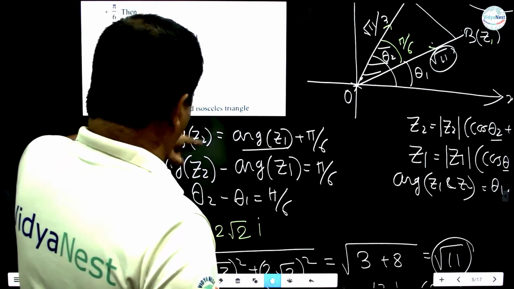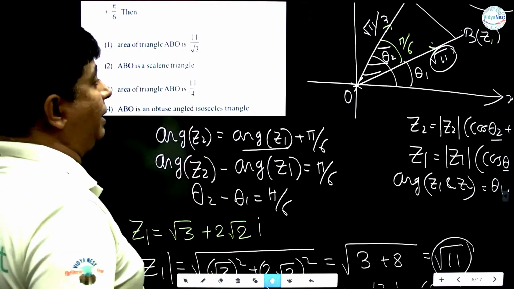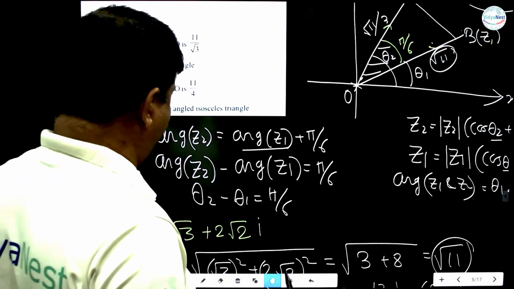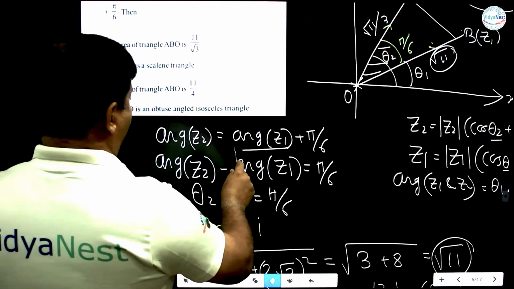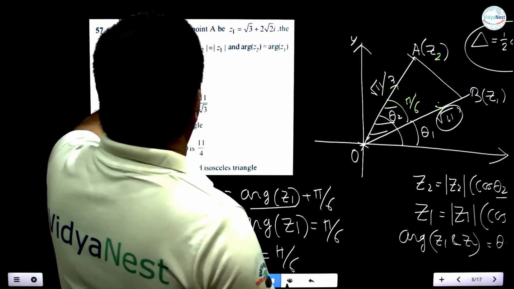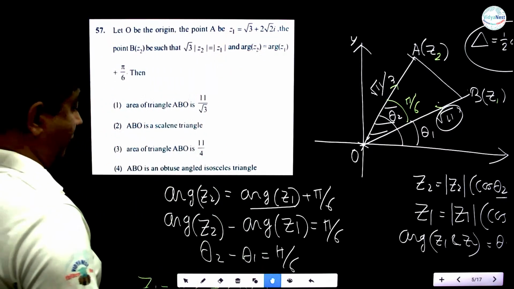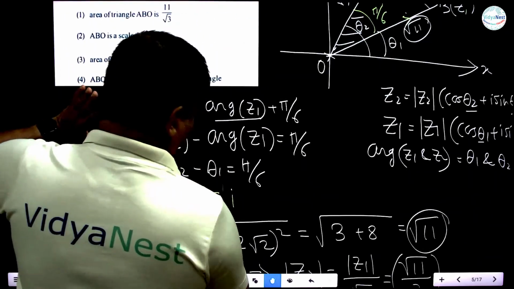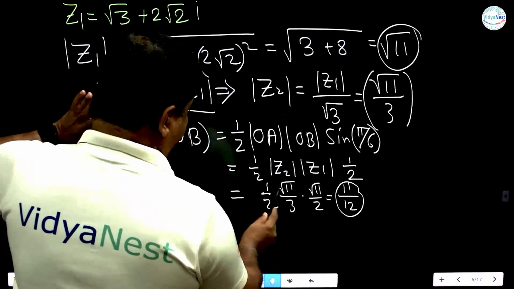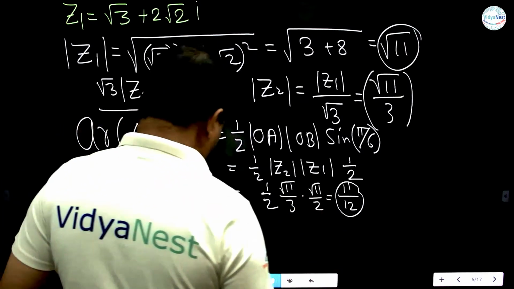Area of the triangle is 11/4 and area of the triangle is 11/√3. Both will be removed. You just check here, mod Z2 is Z1/√3. Mod Z1 we got √11. Here we got √11/√3. Sorry, one mistake we did.